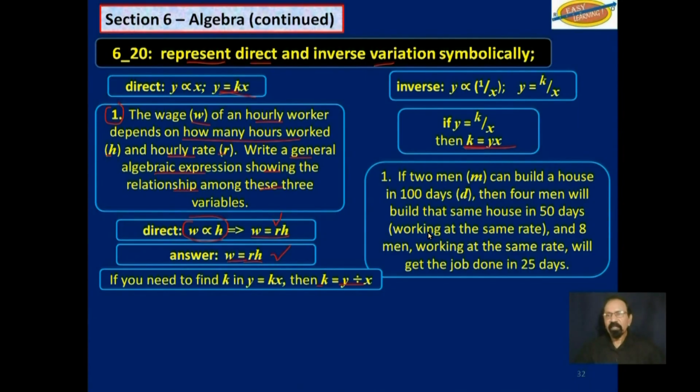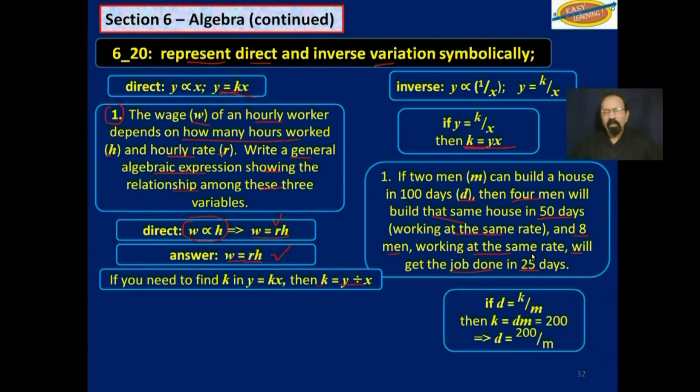So let's look at this example. If two men can build a house in 100 days, let's say that is D, then 4 men will build that same house in 50 days, working at the same rate, and 8 men working at the same rate will get the job done in 25 days. So now D is equal to 200 over M if we substitute in that formula that we are given there.